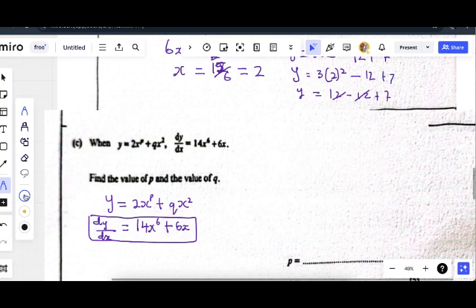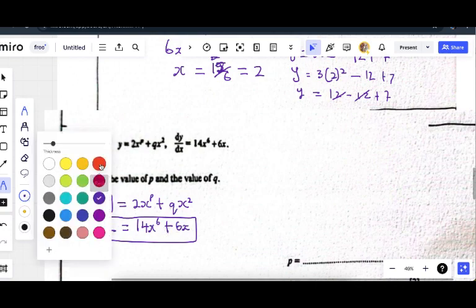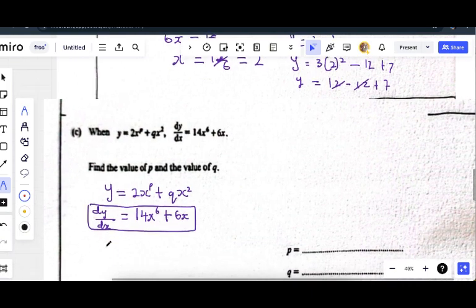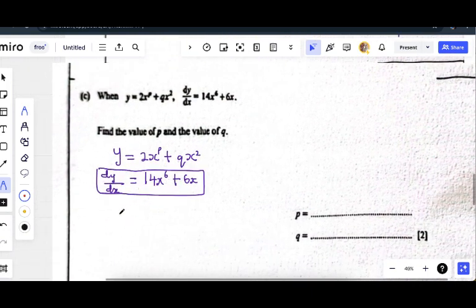Now I want to differentiate it. Let's use a different color, an orange color, to show it, so we can compare with this one. And then we'll be able to deduce the value of p and q. So we say dy over dx is equal to, let's differentiate this one.